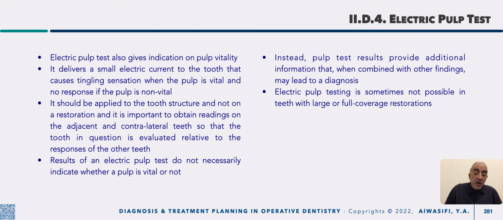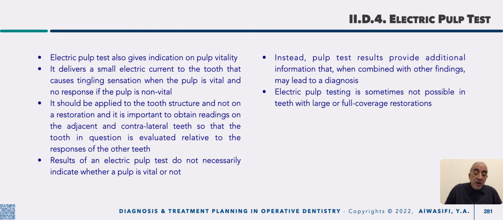The same for full coverage, and especially if your restoration extends subgingival, then you will not differentiate between the tingling sensation from the gingival tissues or from the pulp of the tooth. And the tooth should be absolutely isolated, absolutely dry, and with some devices you need to use electrolytic gel. But nowadays, there is no need for that.